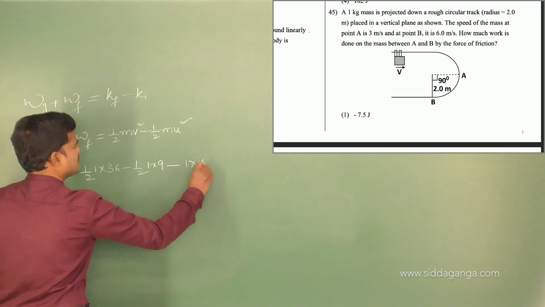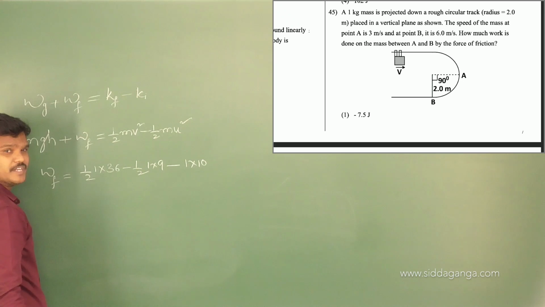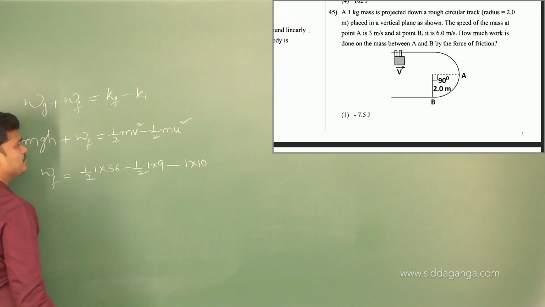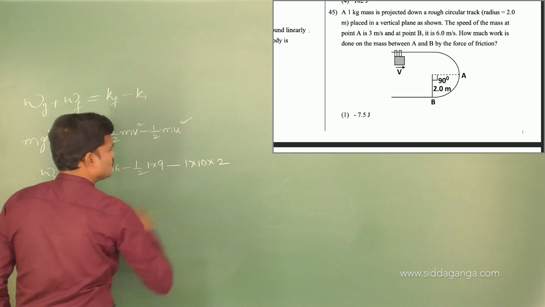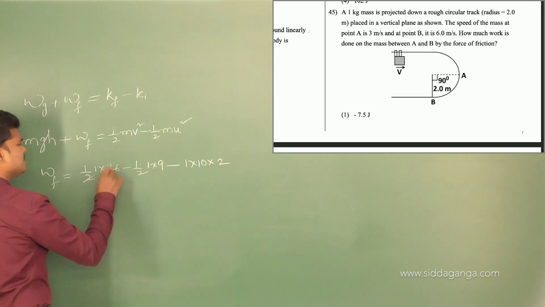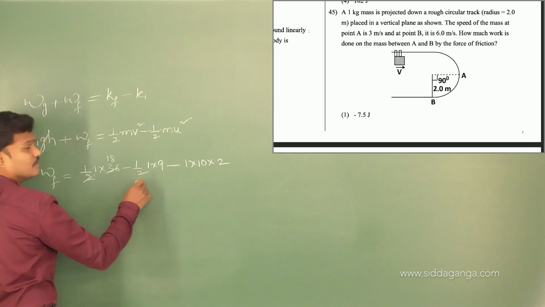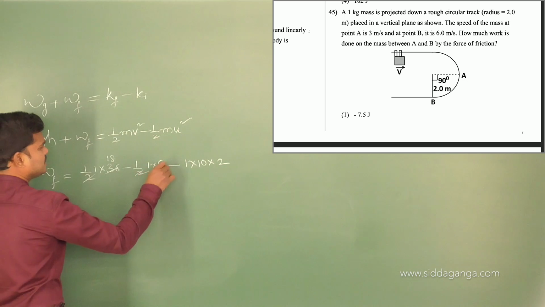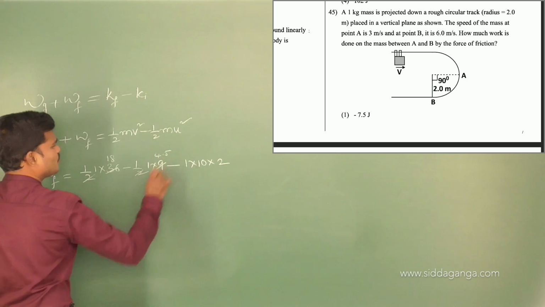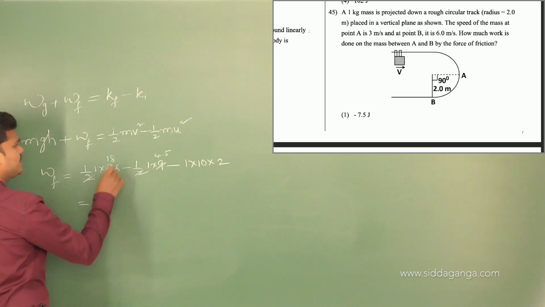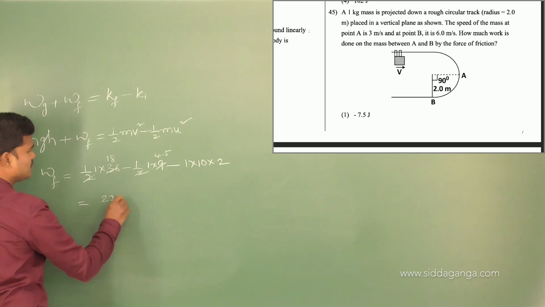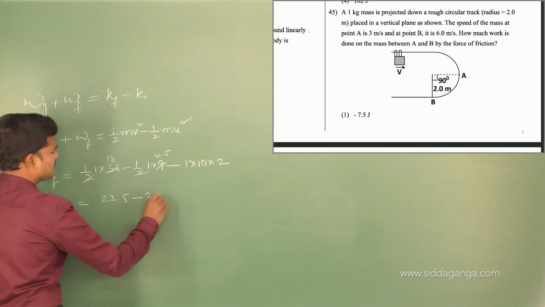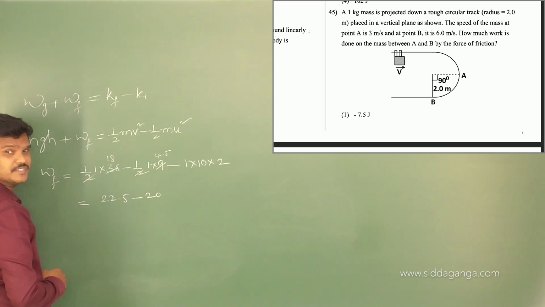m g, let us suppose 9.8 or 10. Okay, so 10. Height, how much is the height? 2. So 2, this is 18. Okay, 2, 18, and this is 4.5 and 20. So 18 minus 4.5, 22.5 minus 20 approximately, otherwise 19.6.